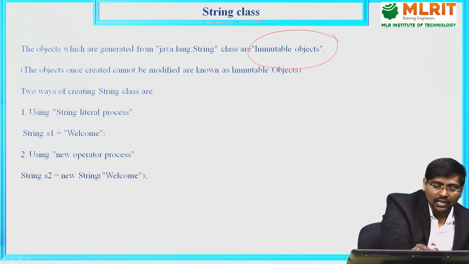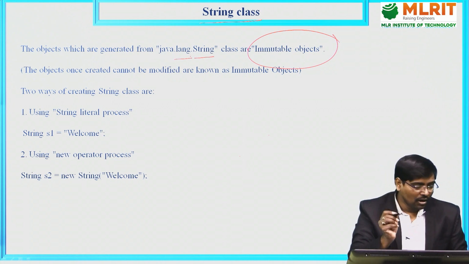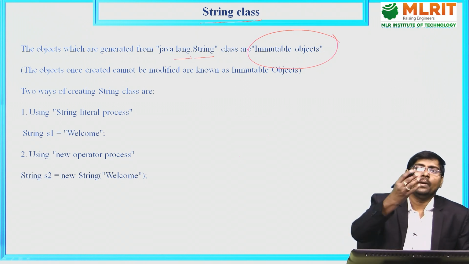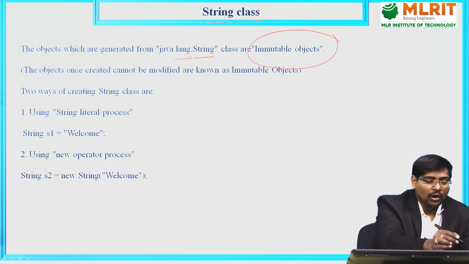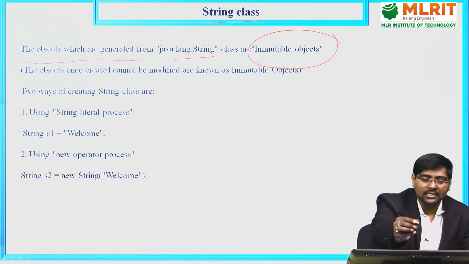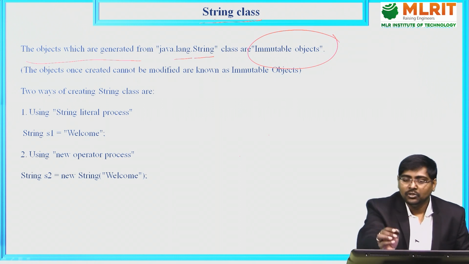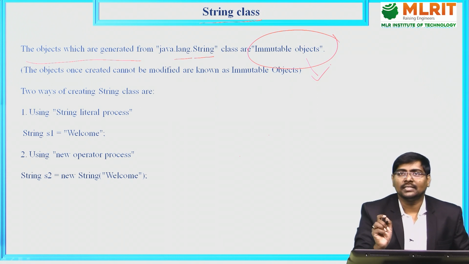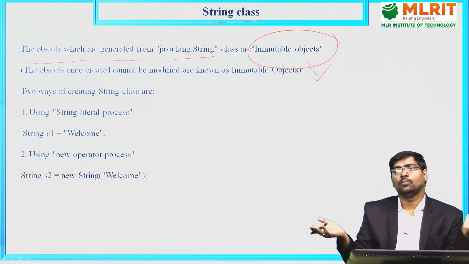String is available in the lang package. Lang is the default package, so even though you are not importing, it is automatically available to your program. And the objects created by using the String class are immutable. Immutable in the sense, once an object is created, it is not possible to modify.